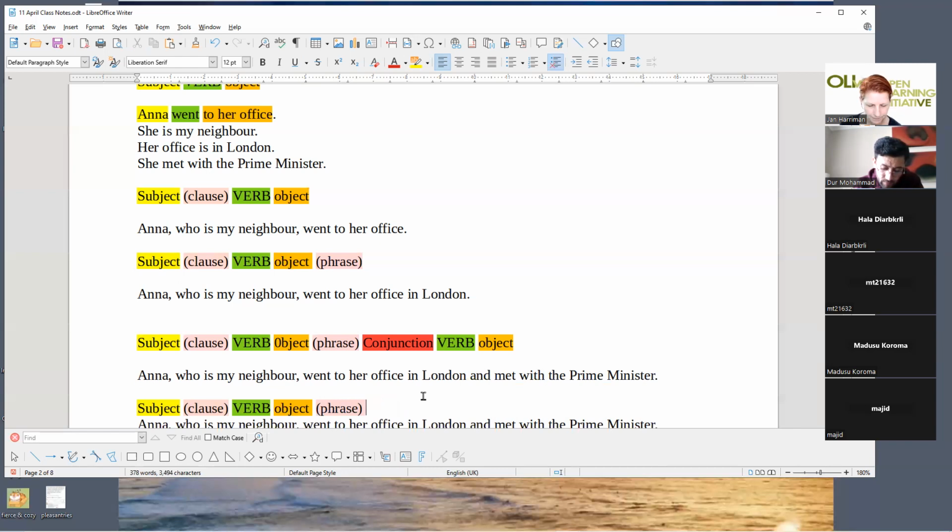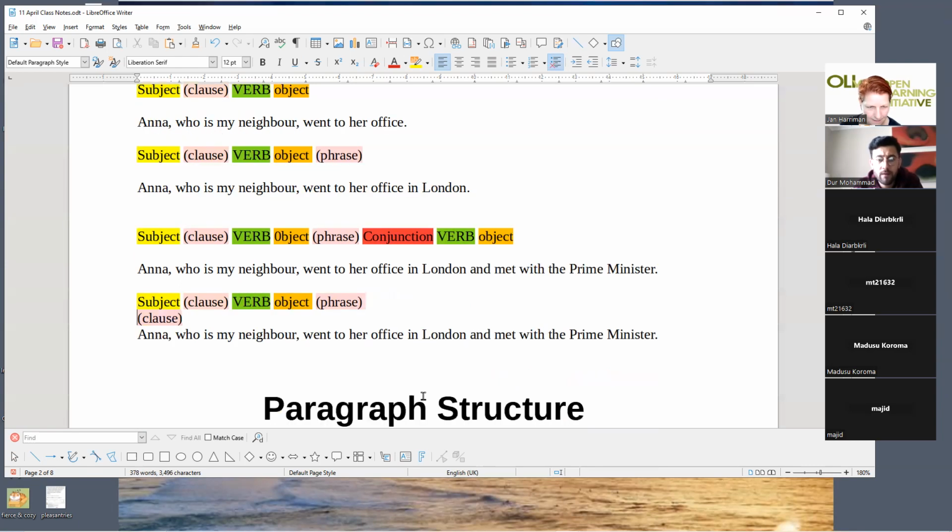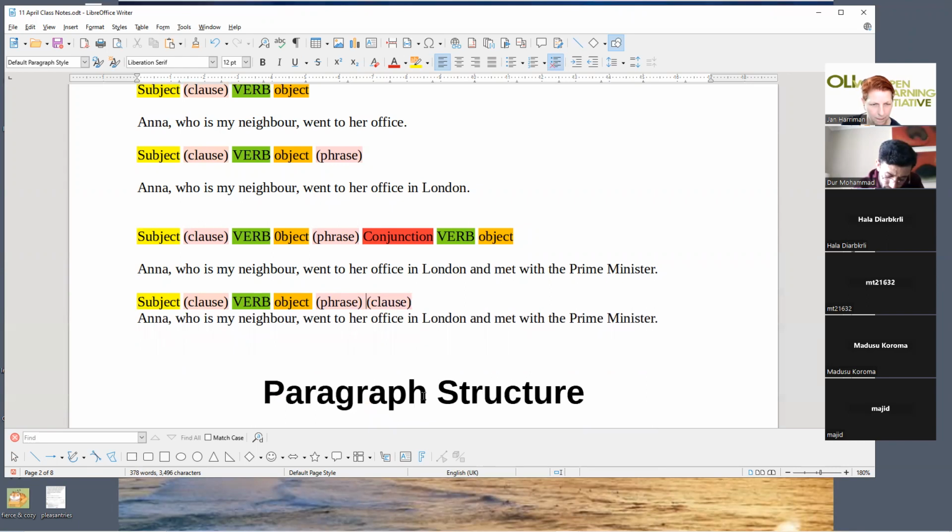Be consistent. There we go. So two different ways of adding that extra information in.